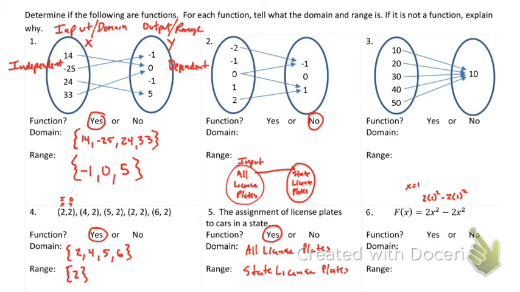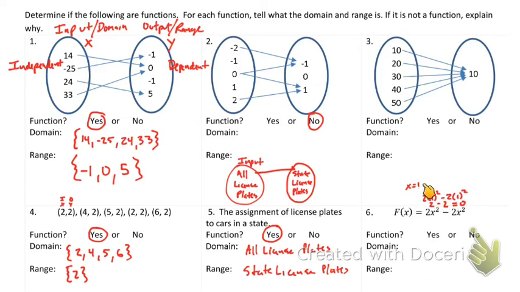Okay. So now we have order of operations. 1 squared is 1. 1 times 2 is, for this guy, is 2. 1 squared here is 1. 1 times 2 is 2. And 2 minus 2 is 0. Okay? So I plugged in, the input was 1, and my output was 0.